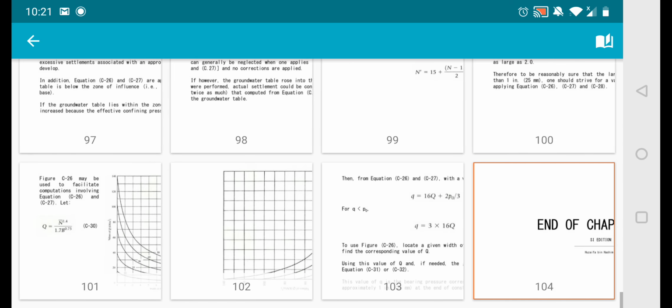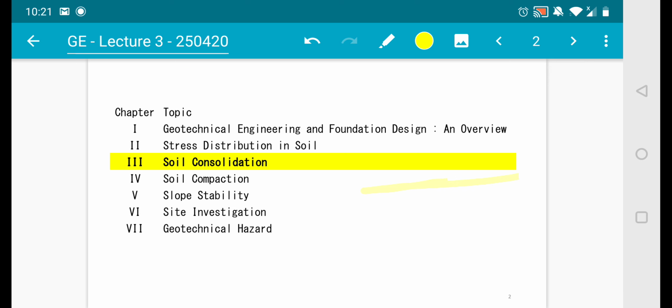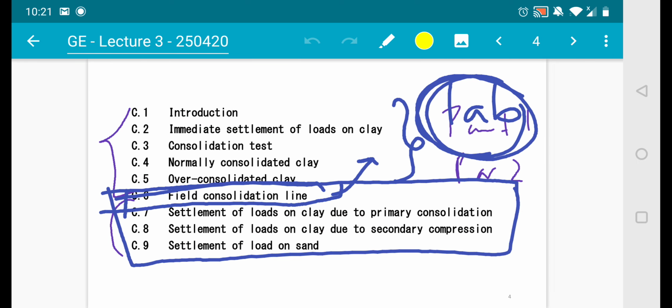So let's just make a summarization of this. Okay, so in soil consolidation, we have 9 subtopics. So the first part is on laboratory works. Okay, and then for laboratory works, we come up with a field consolidation line. This is an assumption to make a relationship between results found from the lab to actually accommodate for your field settings.